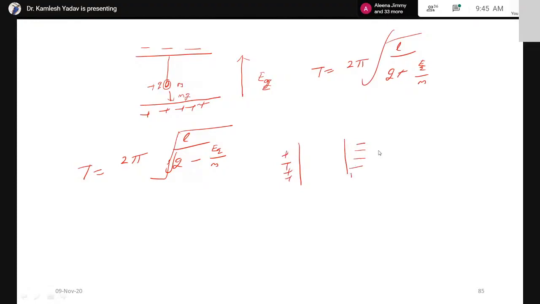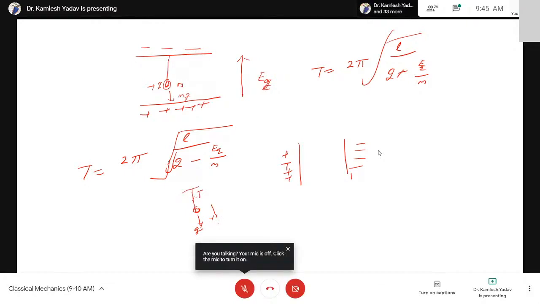So why will it oscillate in the second case? There is a bob. This force is acting downward, and the electric field is also acting downward. Oscillation is only due to the tension force acting along the string.